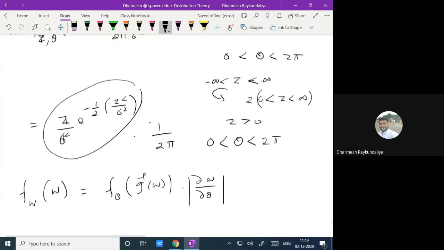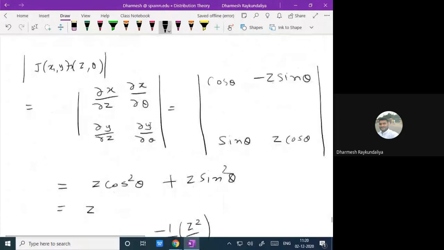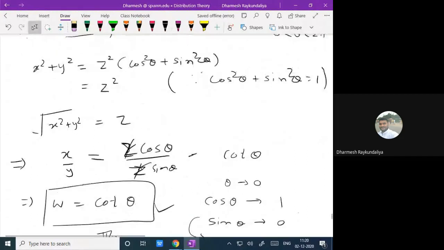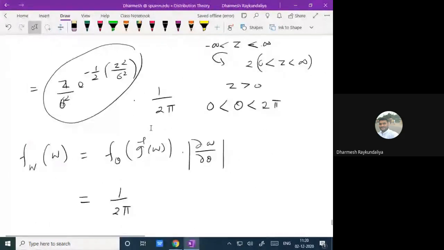So when you substitute here, it is 1 upon 2 pi, because there is no theta term here. And what is dw by d theta? W is equal to cot theta. And what is the derivative of cot theta? Any idea?